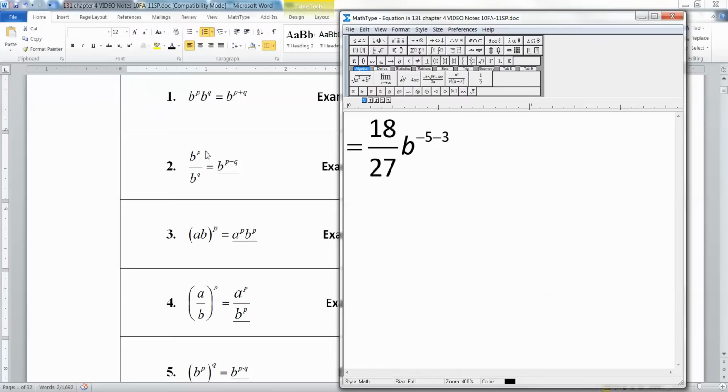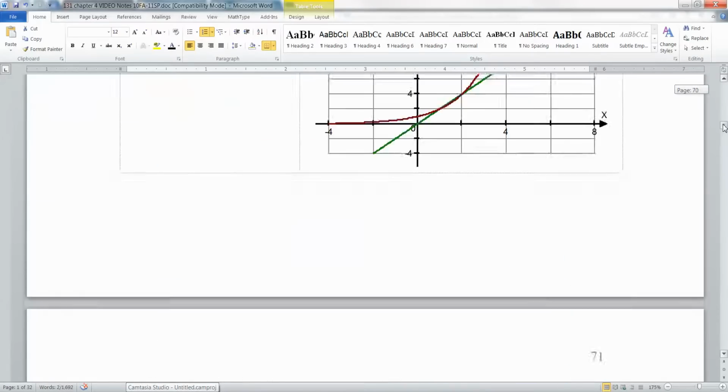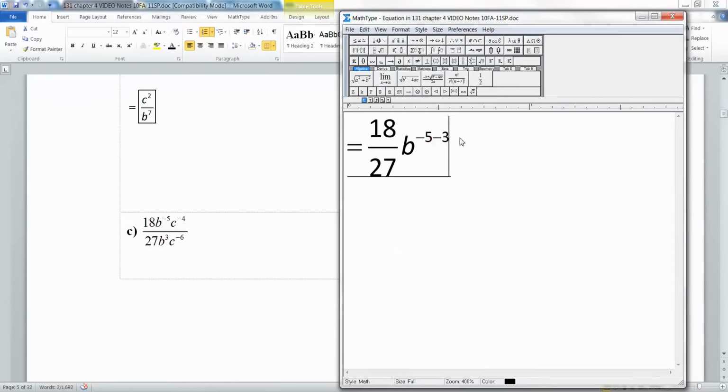B to the negative 5 on top, positive 3 on bottom, made b to the negative 5 take away 3. Like that. All right, then with the C's, that's C to the negative 4 take away negative 6.